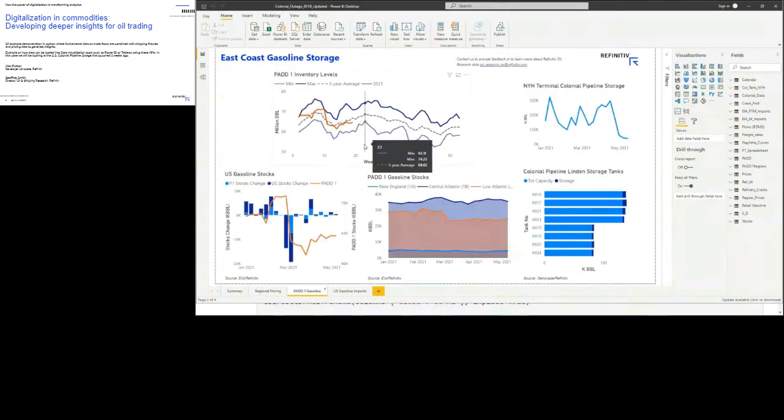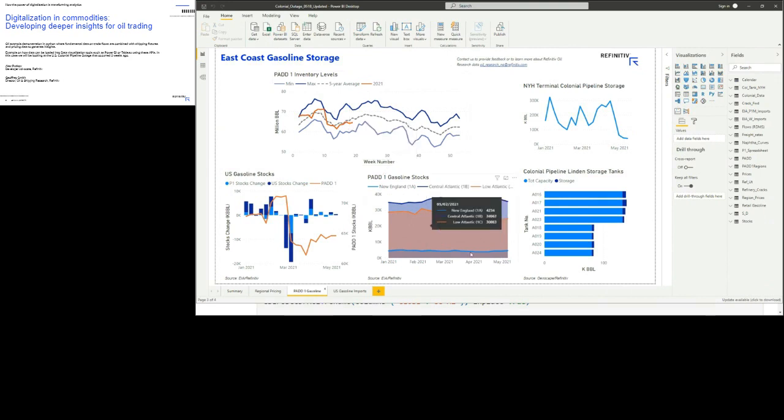In terms of inventory levels, when the pipeline was shut down, when the event hit, the inventory levels were slightly below average.